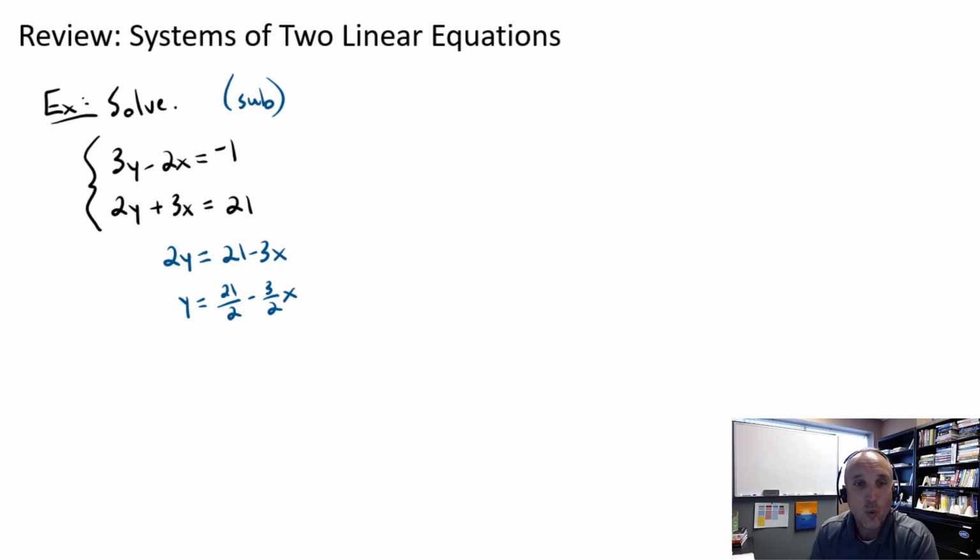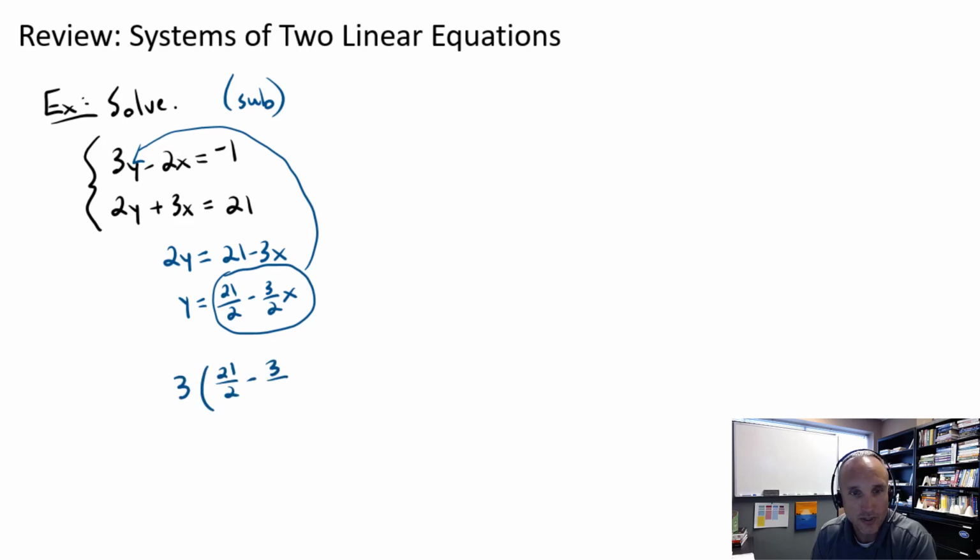And now that I know y from row 2, I have to substitute that in for y in row 1. So I've got 3 times (21/2 minus 3/2 x) minus 2x equals -1. And now I need to solve this equation for x because that's the only variable remaining.